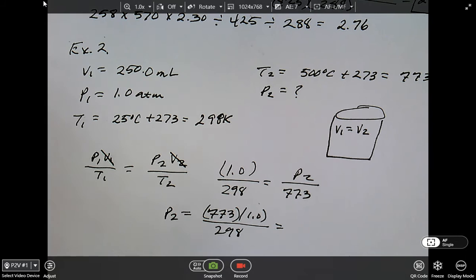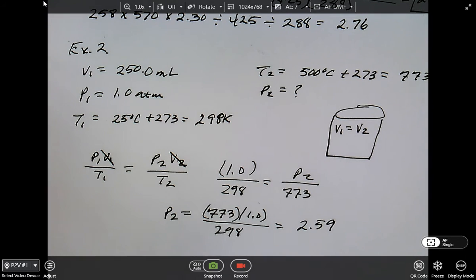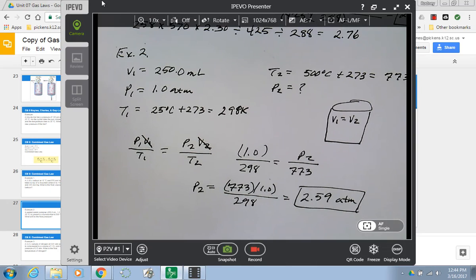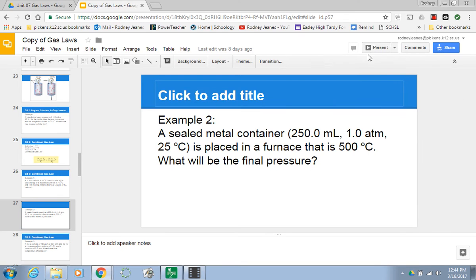So in your calculator, you're just going to punch in 773 divided by 298 because times 1 doesn't change anything. So 773 divided by 298 gives you what? That's exactly right, 2.59. And then this is pressure. So the unit for pressure that we started with was atmospheres. So we're going to have atmospheres as our final pressure. All right, hope that one makes sense. So let's go on to our next one, number 3, all right?